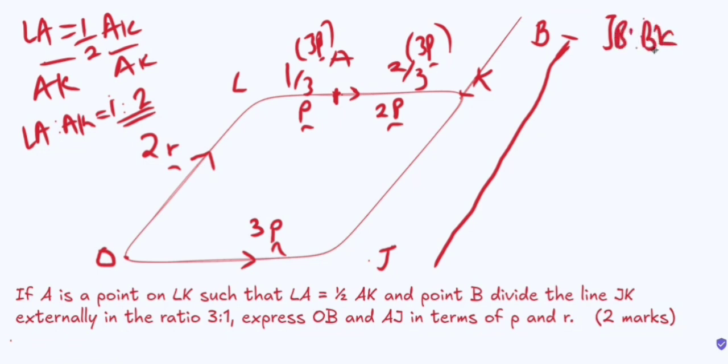So B divides externally. J to B is 3, and B to K, which is just the same, would be KB negative.